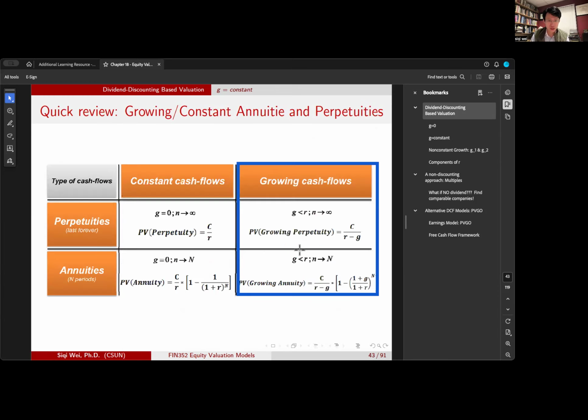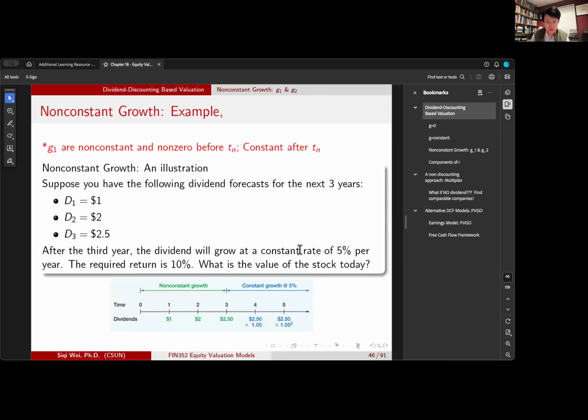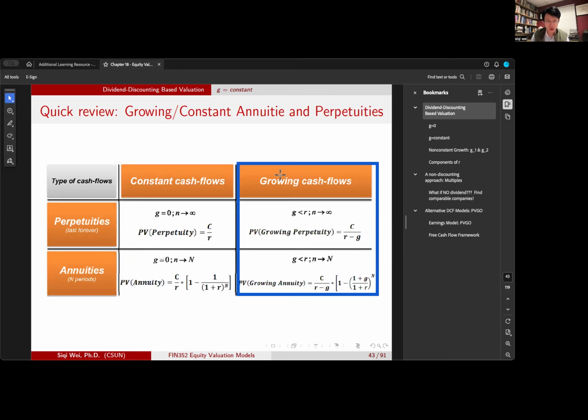There is a nice table that sums up the cash flow patterns we are exposed to. So we have perpetuity and annuity, constant cash flow level and a growing cash flow level, so that it is sorted into a 2x2 dimension space.